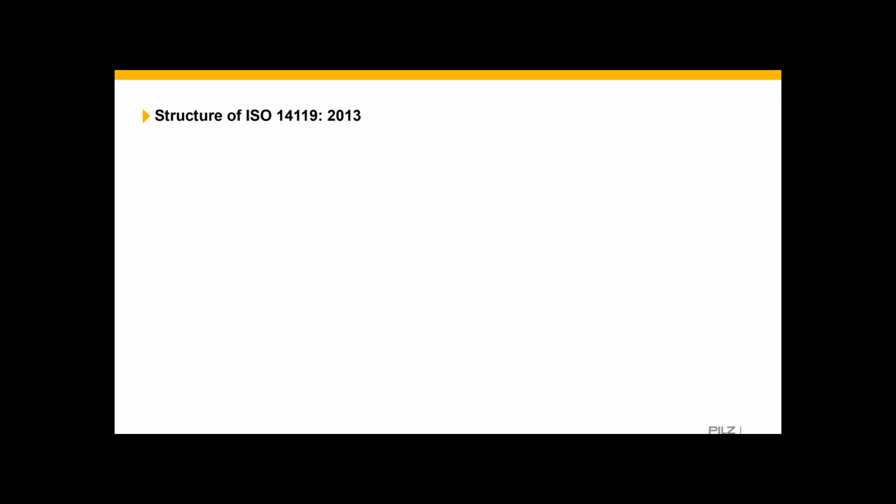So how is the standard structured really? So we have the scope. So this is what it really covers. Normative references. So this makes reference to other standards such as 13849, 13857, 14120. We have terms and definitions, and this is a glossary really of, for instance, what is guard locking.